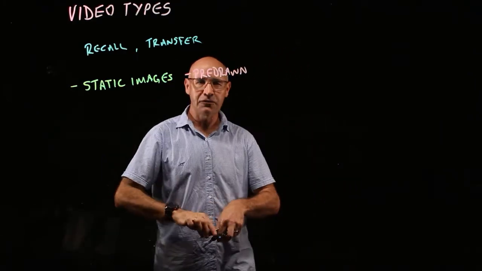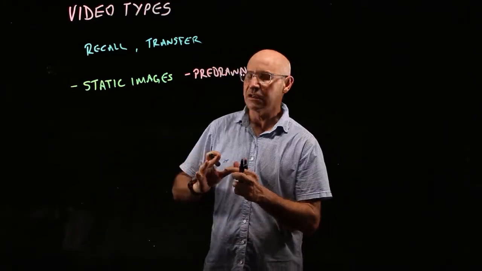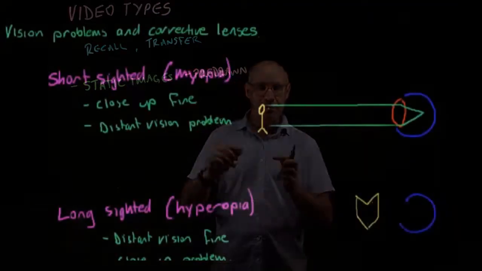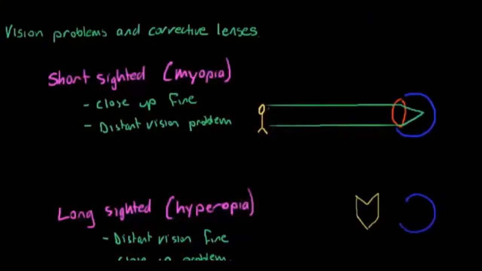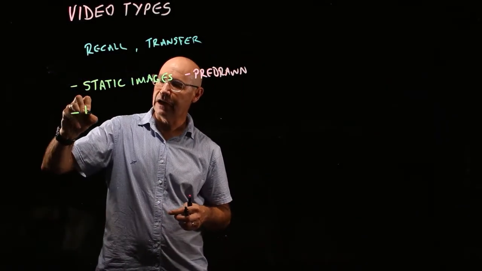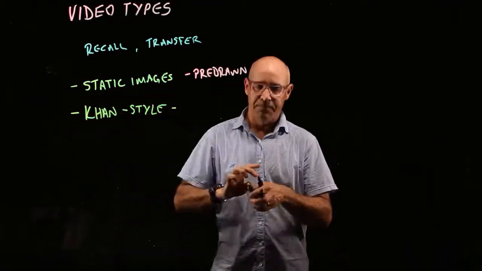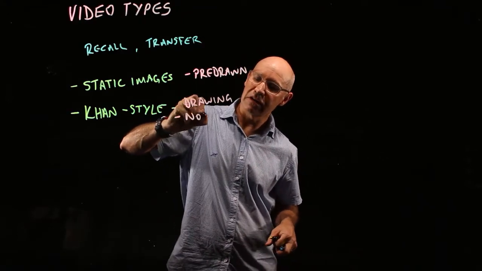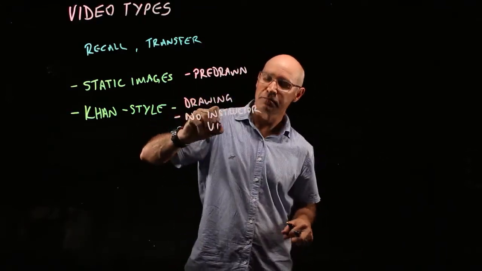The next one was like a Khan Academy style, where you've got diagrams being drawn in real time, but the hand and the body of the instructor are not visible. So we'll call that one the Khan style. Okay, so there's drawing, but no instructor visible.